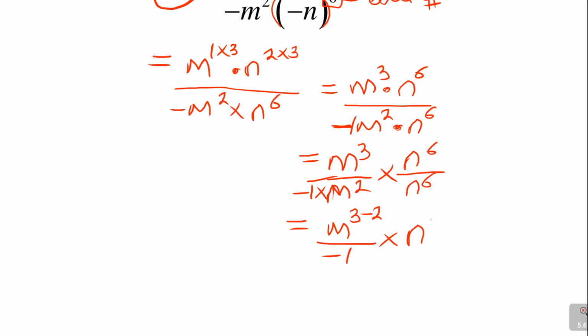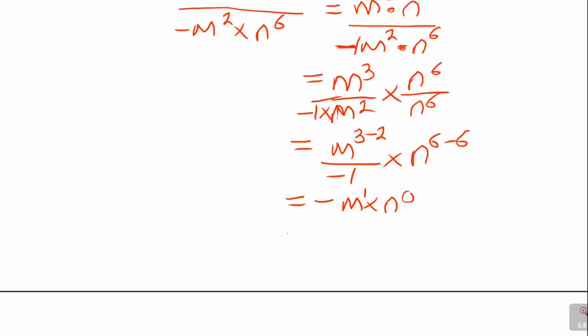Times n to the power of 6 minus 6. Now, anything divided by negative will be negative: m to the power 3 minus 2, it's 1, times n to the power 6 minus 6, it's 0, and don't forget, any number to the power of 0 is 1, which is minus m to the power 1 times 1. The answer is minus m.